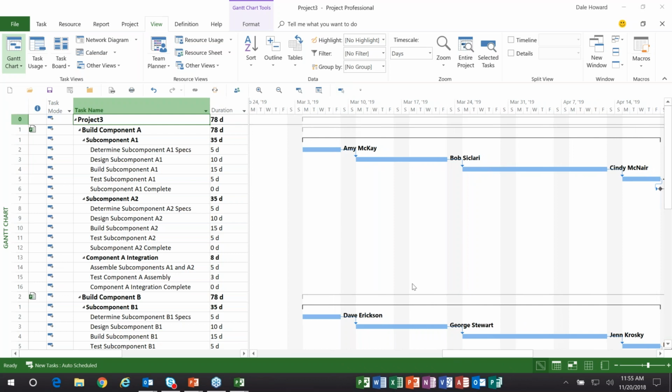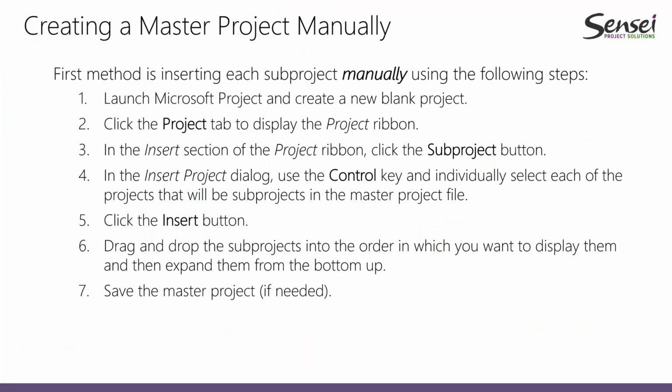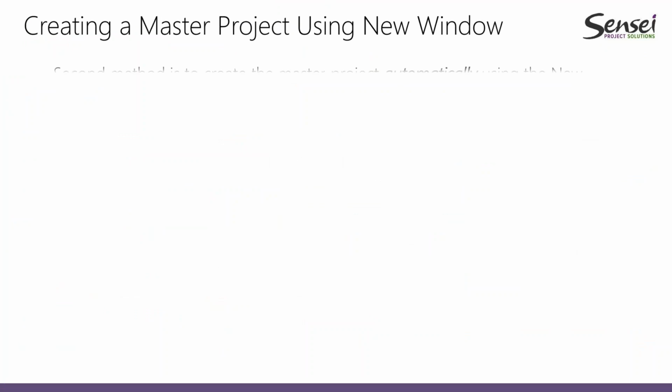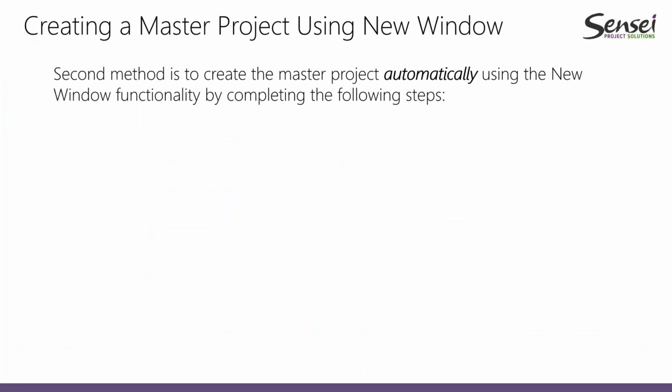There we have it. So that is the trick on how to create a new master project automatically. But wait, there's more. So let's get back to our PowerPoint presentation. Here's that method. Second method is created automatically.